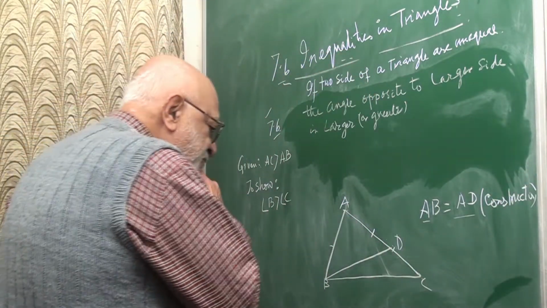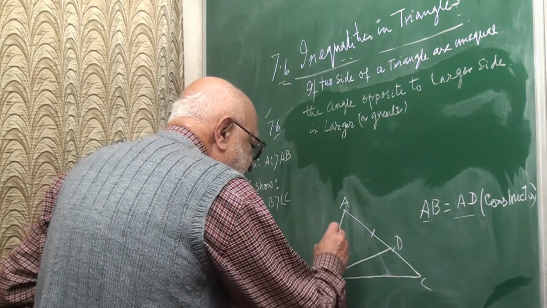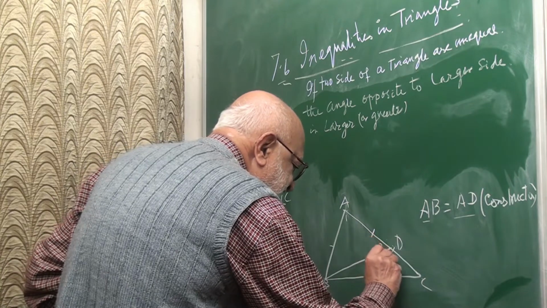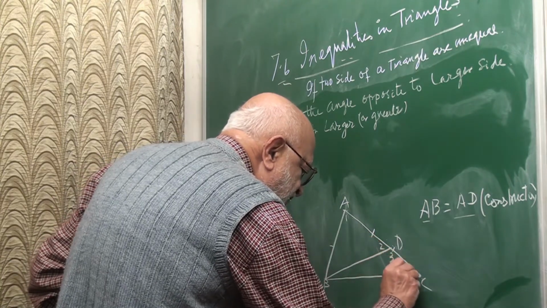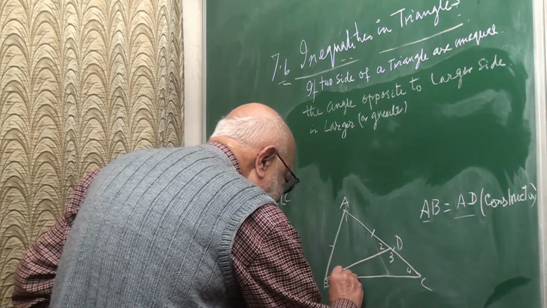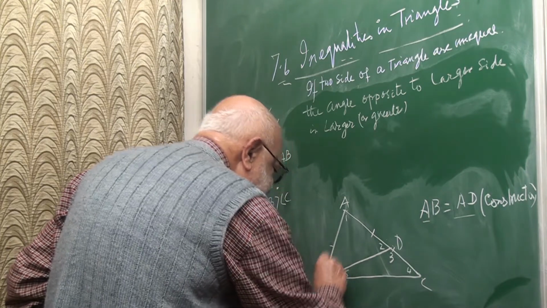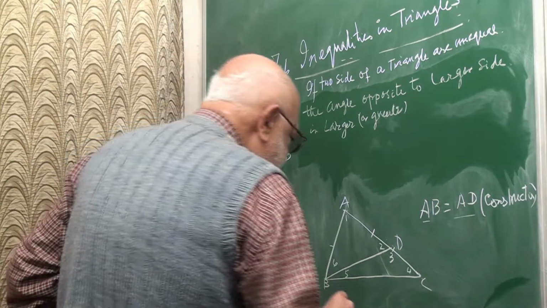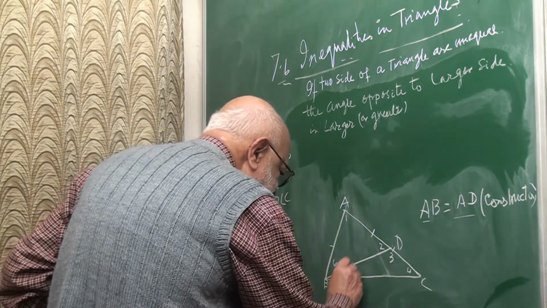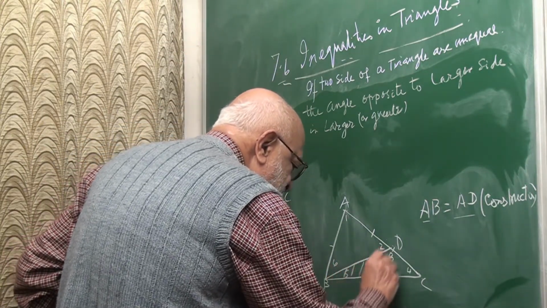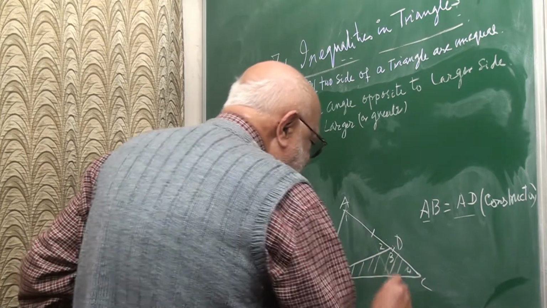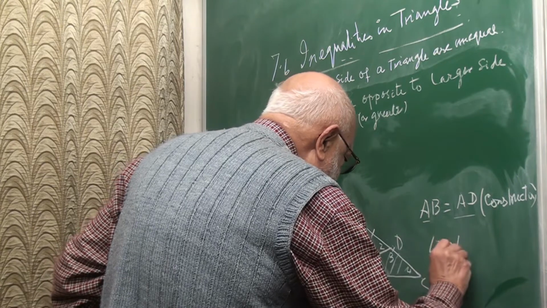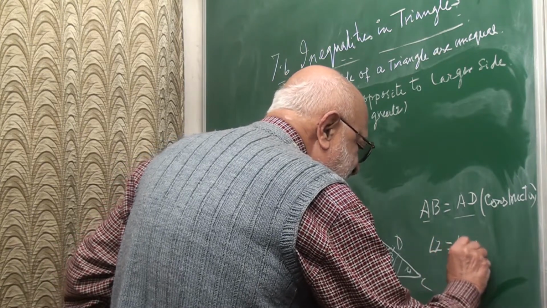Now let me write down the notations for the angles: 4, 5 and 6. Then if you see this triangle, angle 2 is equal to angle 4 plus angle 5.